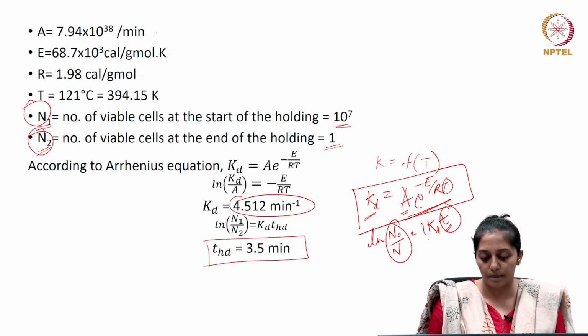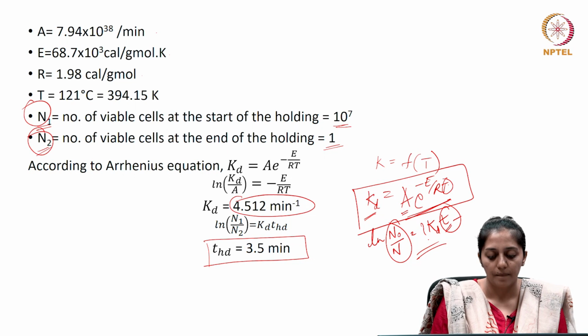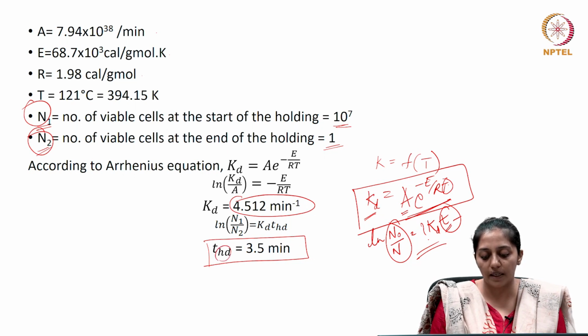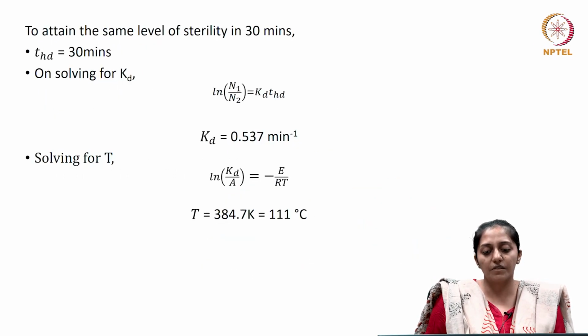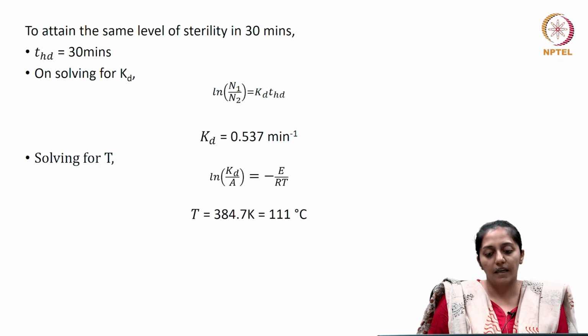If you substitute all the values and rearrange to get the value of t, then t is represented as t_HD, which is the holding time for batch sterilization, and you get the time for sterilization. If it is holding time, we assume no killing during heating and cooling. It is being sterilized at 121.